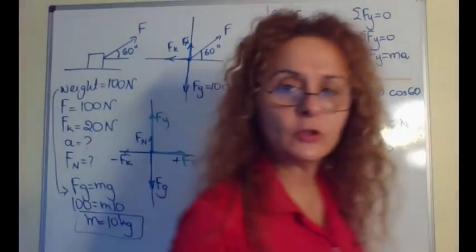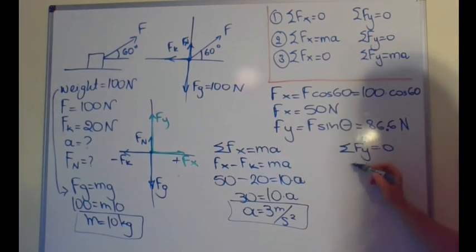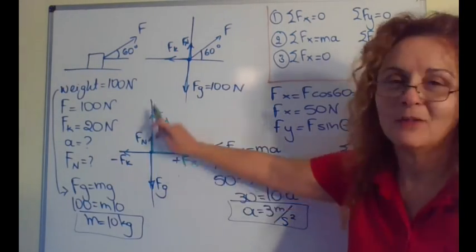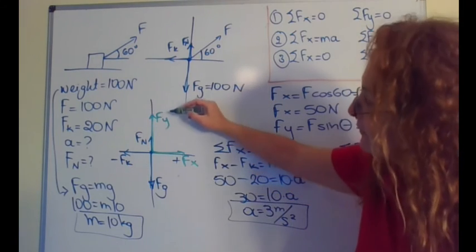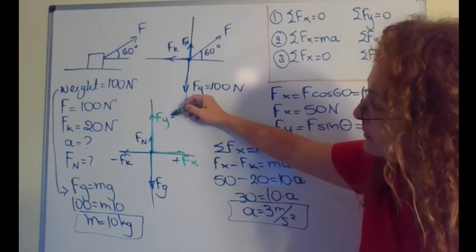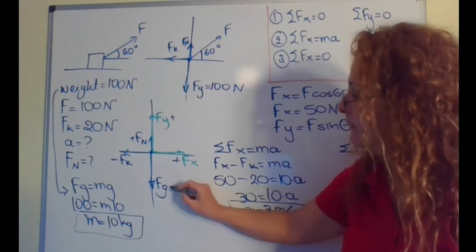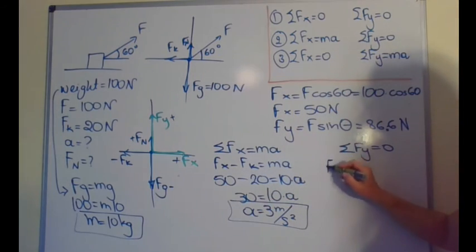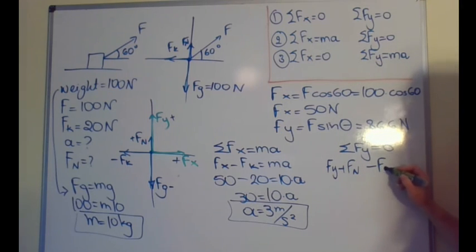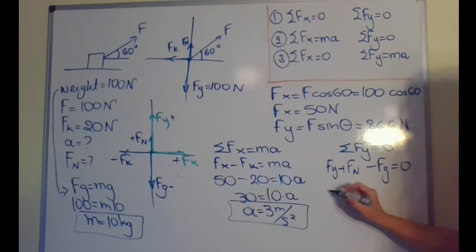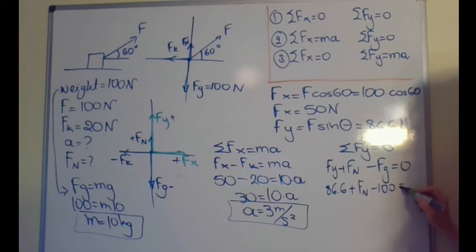Going now to the forces on the y-axis. What are the forces on the y-axis? We have 3. We have the vertical component positive, up, the normal force positive, the force due to gravity negative. So Fy plus Fn minus Fg equals 0. The Fy is 86.6 plus the normal force minus 100 equals 0.